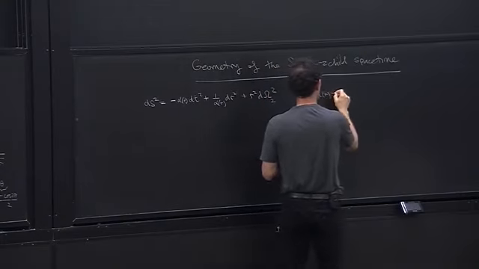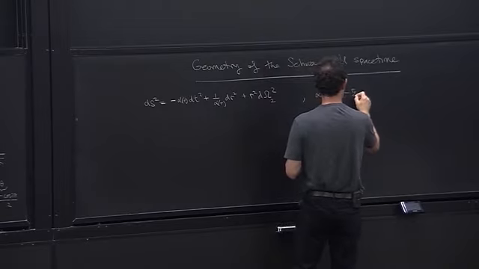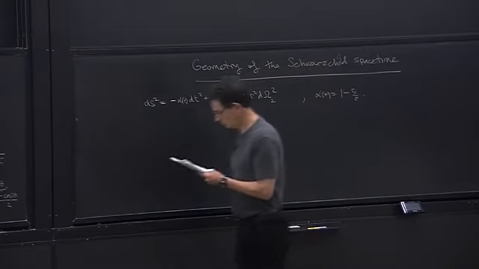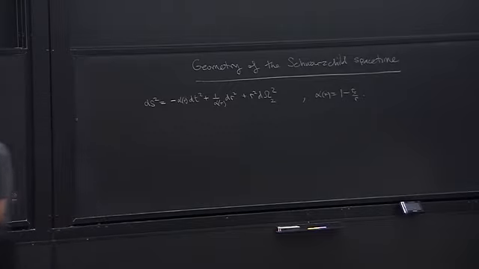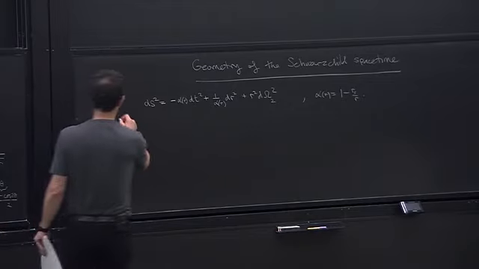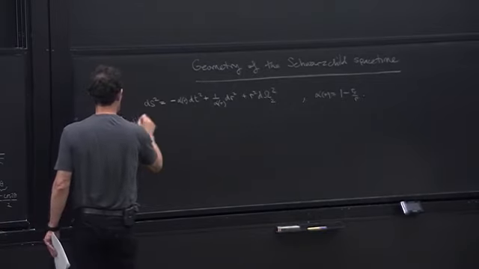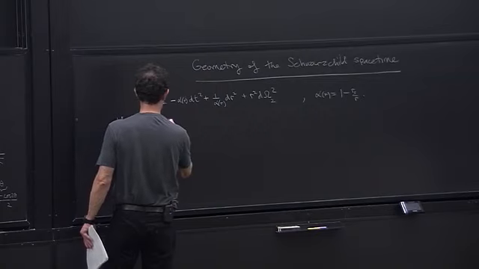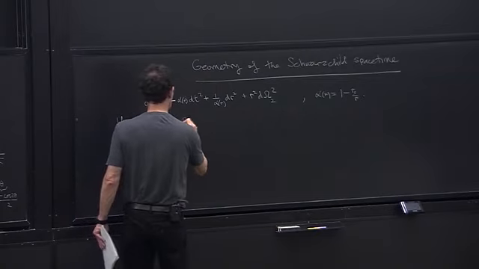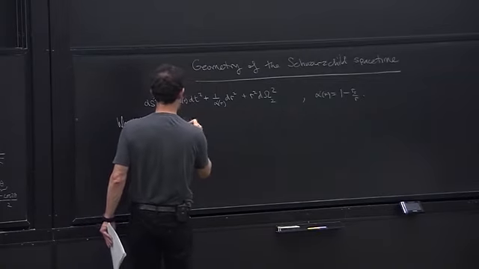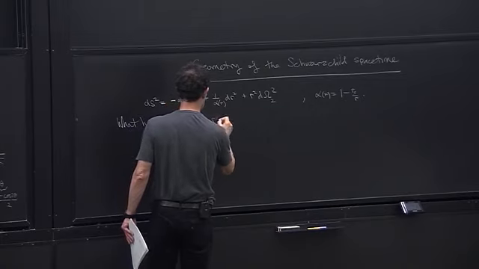where alpha of r is just 1 minus rs over r. Okay, so what happens at r equals rs?